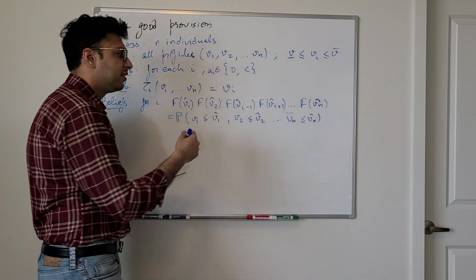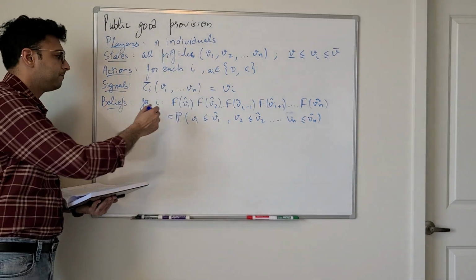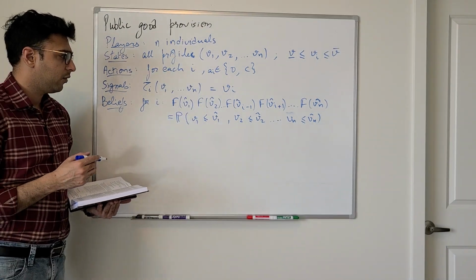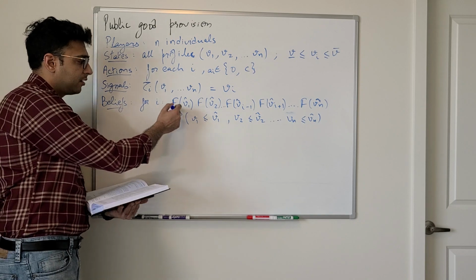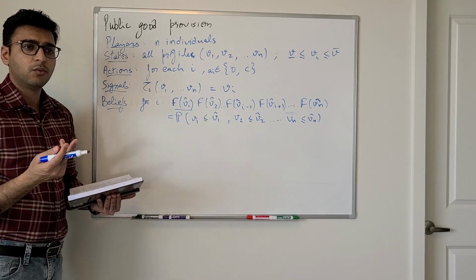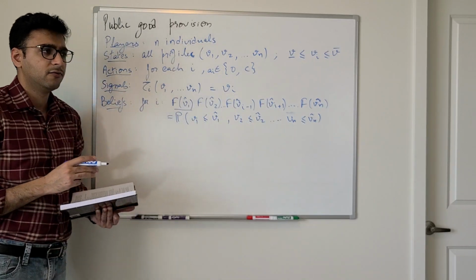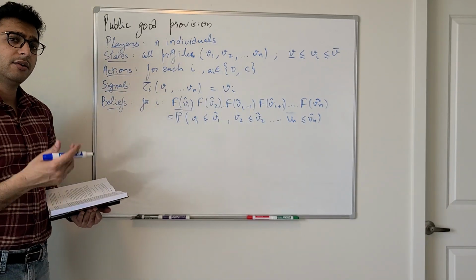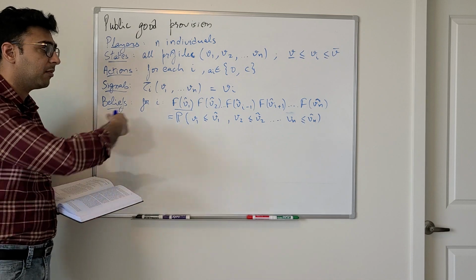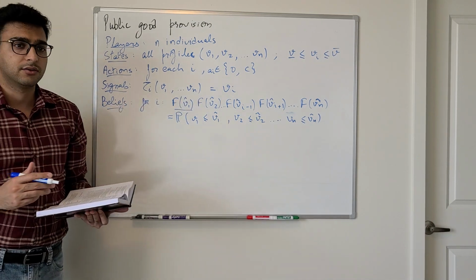And what this probability means is that for each of them, this is the likelihood that player 1 has a valuation less than V1 hat. This is the likelihood that player 2 has a valuation less than V2 hat. These valuations are all drawn independently, so you can just multiply them to get the joint distribution.